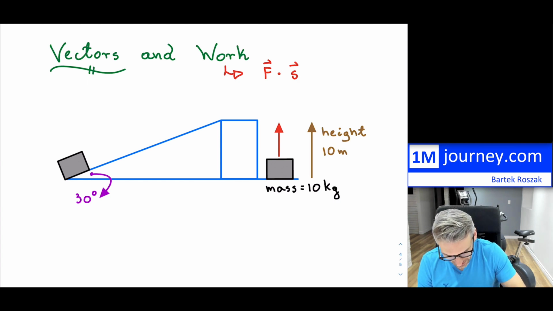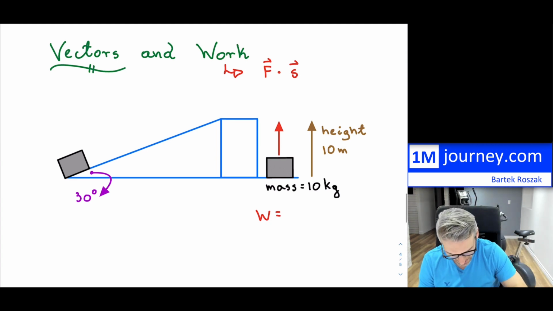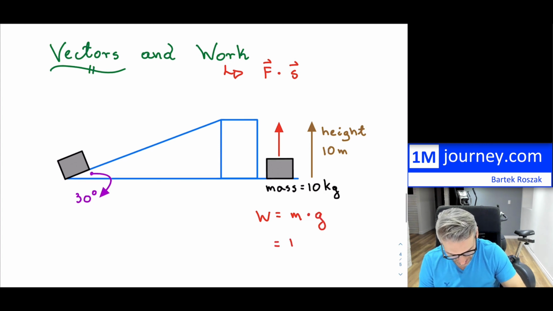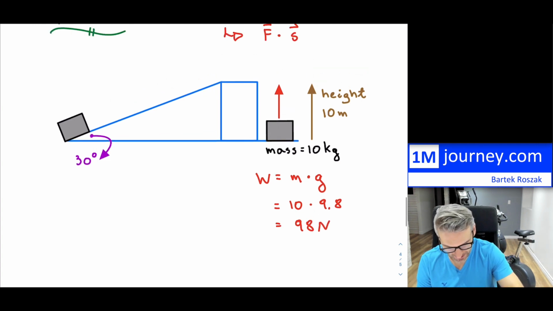So the weight of the box, which of course is down due to gravity, is simply mass multiplied by gravity. Since the mass is 10 kilograms and gravity is 9.8 meters per second squared, if you multiply those, that's going to be 98 newtons, just 10 times 9.8.